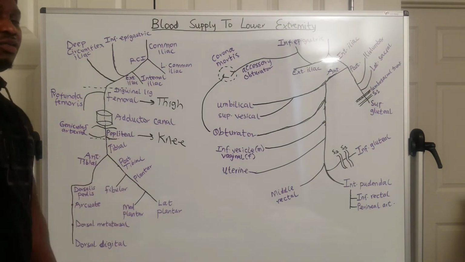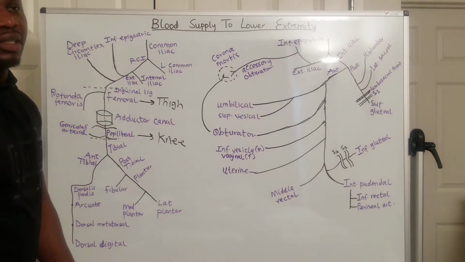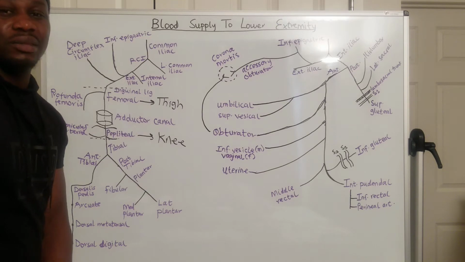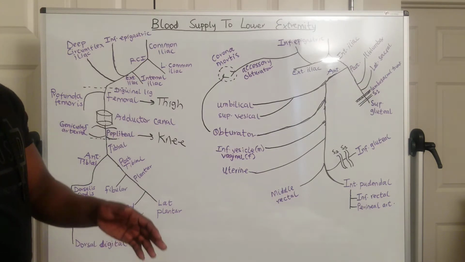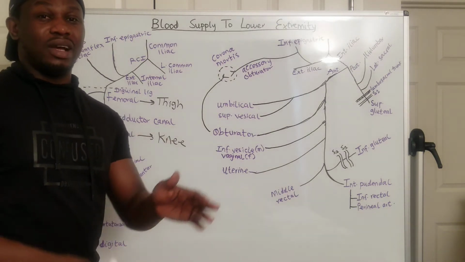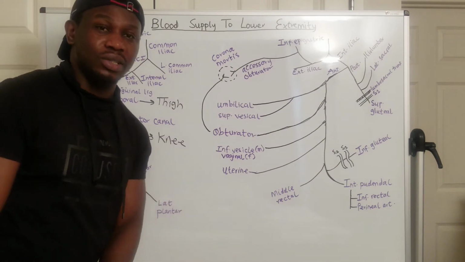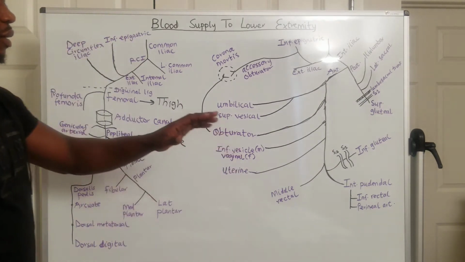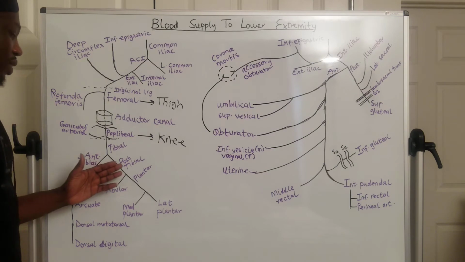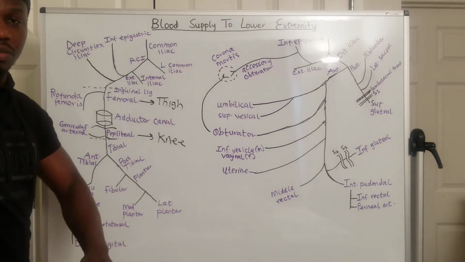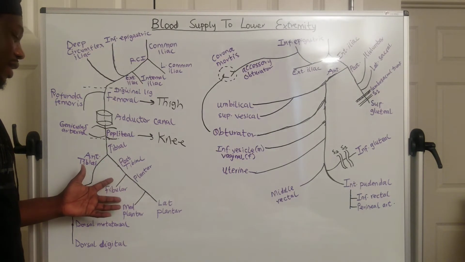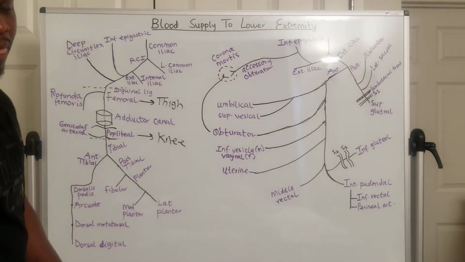From the popliteal artery, it becomes the tibial artery. The tibial artery will give off two branches: the anterior tibial and the posterior tibial. The posterior tibial will give off two branches: the fibular artery and the plantar artery.